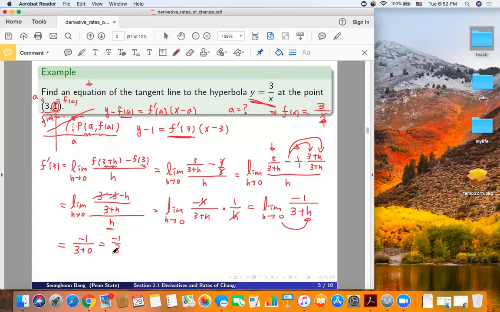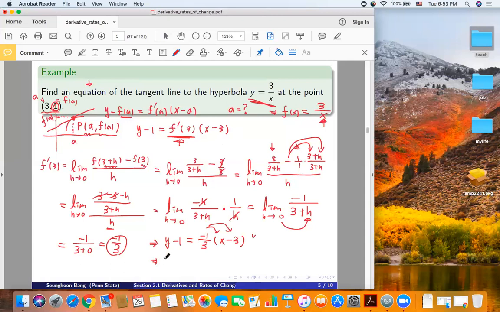So you plug this value into here. So what is the equation? Y minus 1 equals -1/3 times x minus 3. So that's it. This is the answer. I want to simplify this to slope-intercept form. So distribute -1/3 to the first and the second one.